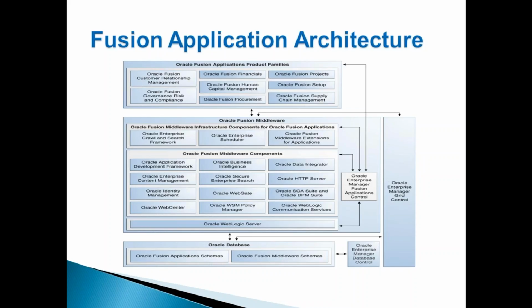I think you must already be aware of these product families, at least what they do. Financials covers your GL, AP, AR. There you would see the Oracle Fusion setup, which is a new thing you would be looking at.